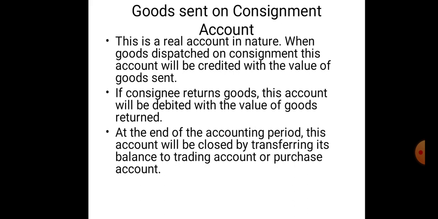And if the consignee returns the goods, this account will be debited with such value. At the end of the accounting period, this account will be closed by transferring its balance to the trading account or purchase account. So this is about the goods sent on consignment.